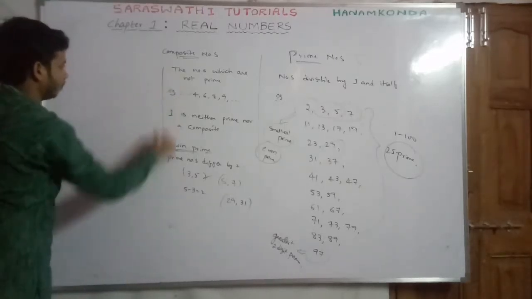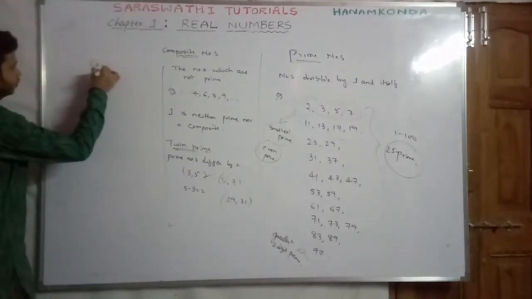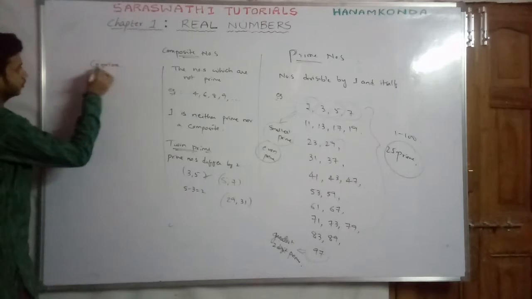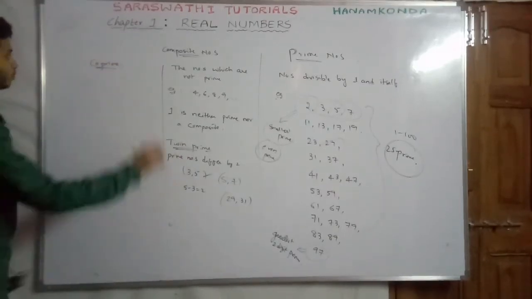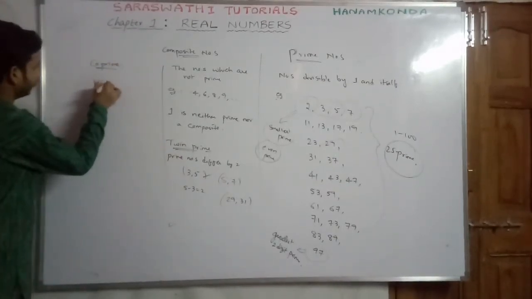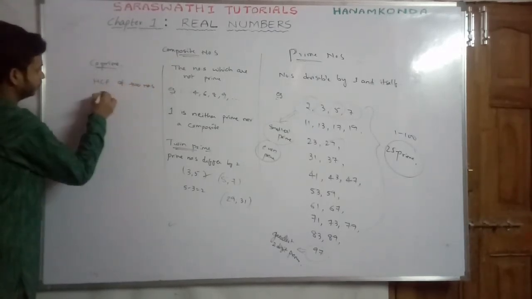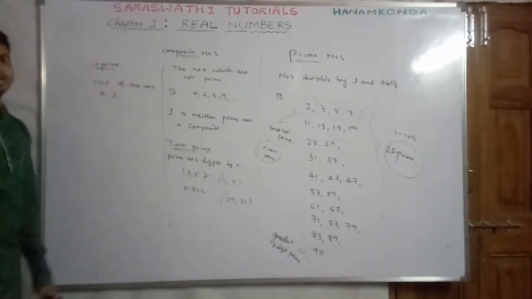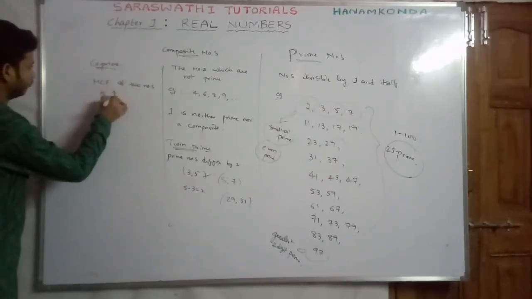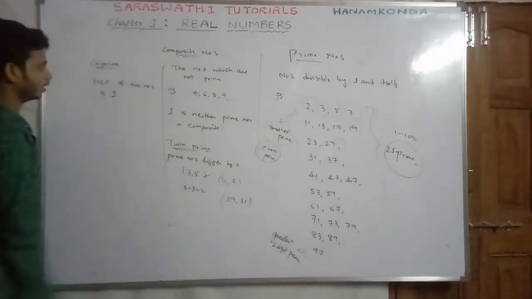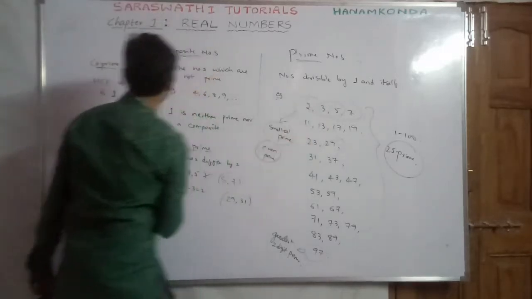Next, co-primes. If the HCF of two numbers is 1, then they are said to be co-primes. So for example 2 comma 3.